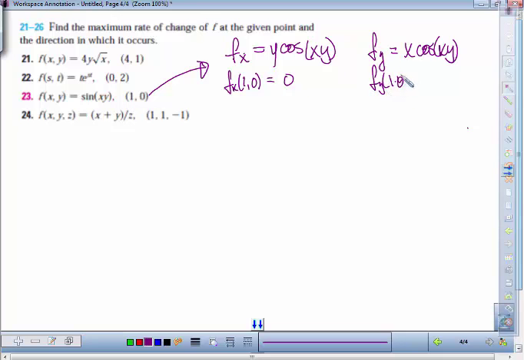Fy of 1, 0: x is equal to 1. Cosine of 0 is 1. So that's just going to be 1. So the gradient of your function evaluated at 1, 0 is going to be the vector, and this is fx in the first component, and then this is fy in the second component. So it's just equal to 0, 1.